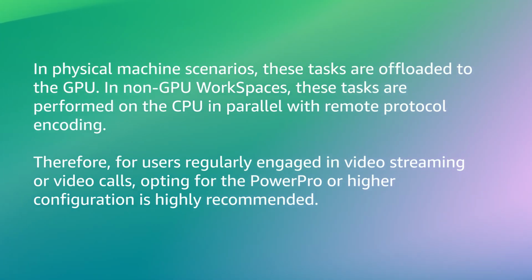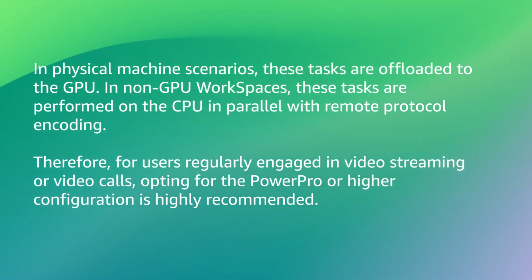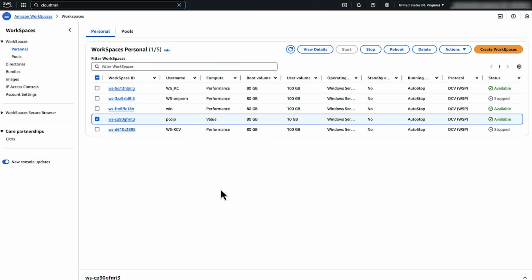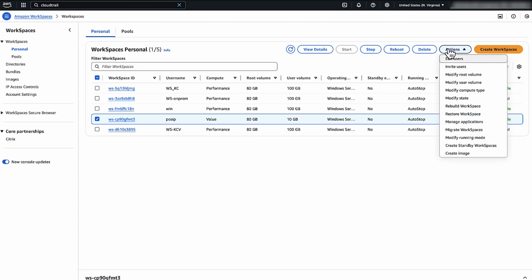In non-GPU WorkSpaces, these tasks are performed on the CPU in parallel with remote protocol encoding. Therefore, for users regularly engaged in video streaming or video calls, opting for the PowerPro or higher configuration is highly recommended. If the WorkSpace is using a low compute bundle such as Standard, then consider modifying to a higher bundle type and retesting.